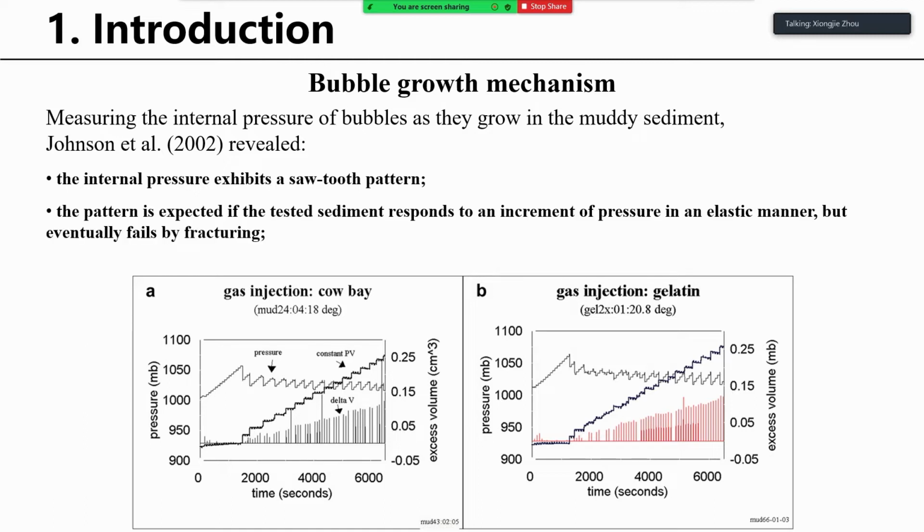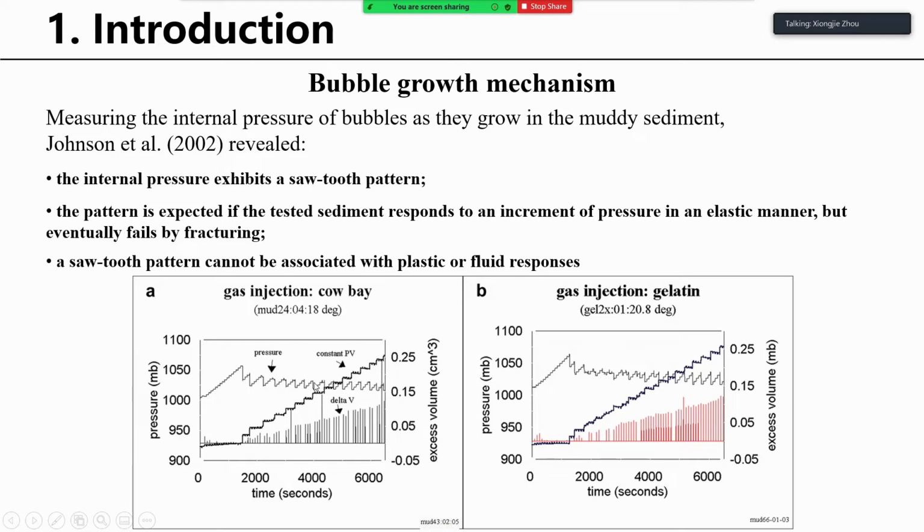This pattern is expected if the tested sediment responds to an increment of pressure in an elastic manner, but eventually fails by fracturing. Here is the fracturing.